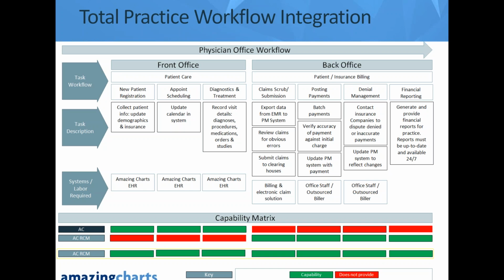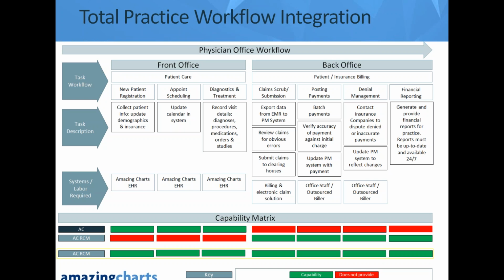And you can see, again, the steps are sort of laid out, but the bottom arrow is really the system/labor requirement, and that really kind of dictates what software you're going to be using for that, or we're going to be using for that, and then who's supplying the resources for that in terms of staffing, etc. So if you look at the bottom under capability matrix, under the AC EHR platform, you've got a green bar, and those front offices are managed.